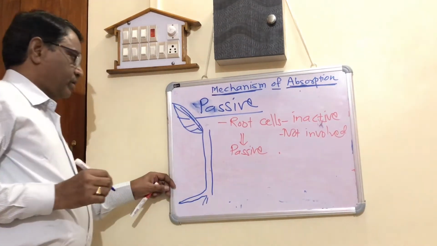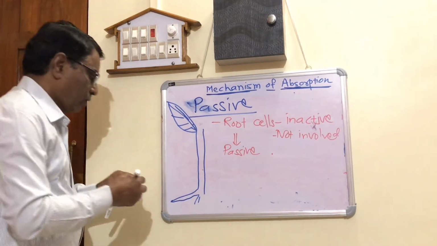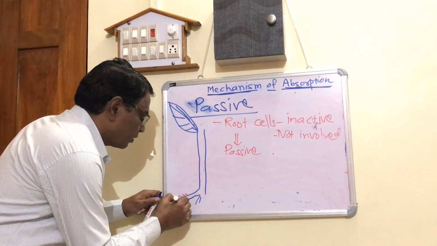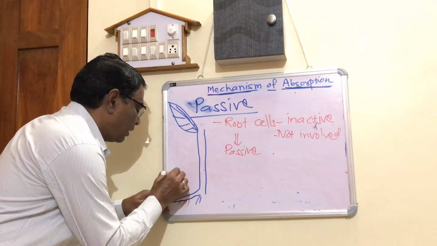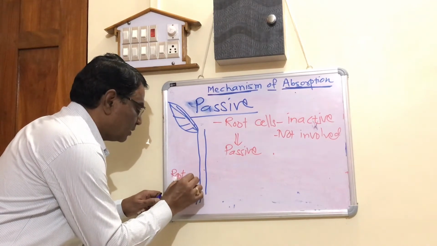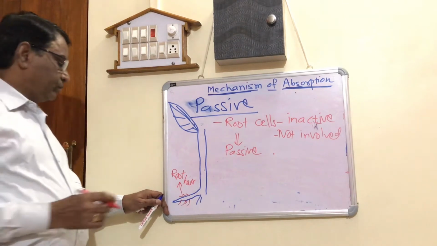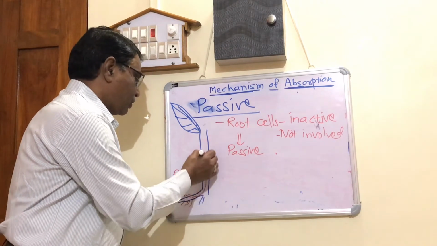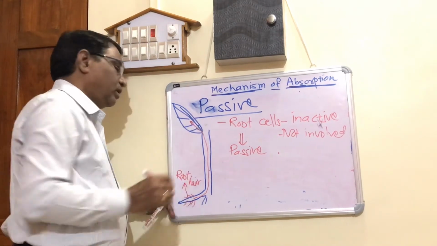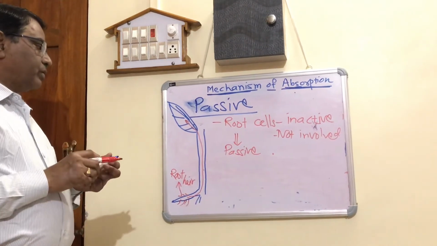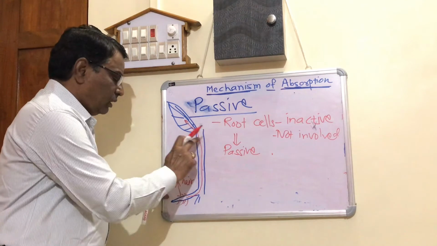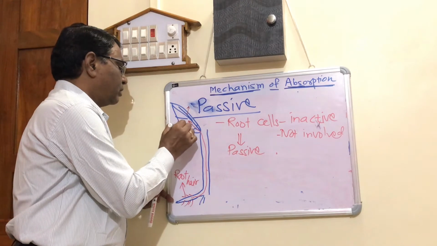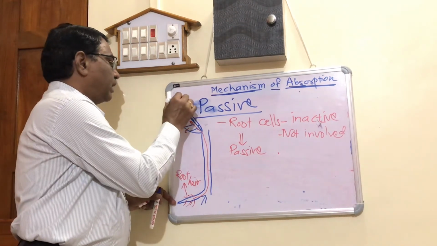So according to this passive absorption of water, the water molecules present in the soil are absorbed first by the root hairs, ultimately the root, and then from root to stem, and then it is brought to the leaves. But during this absorption, the force is developed here in a leaf of the plant body.